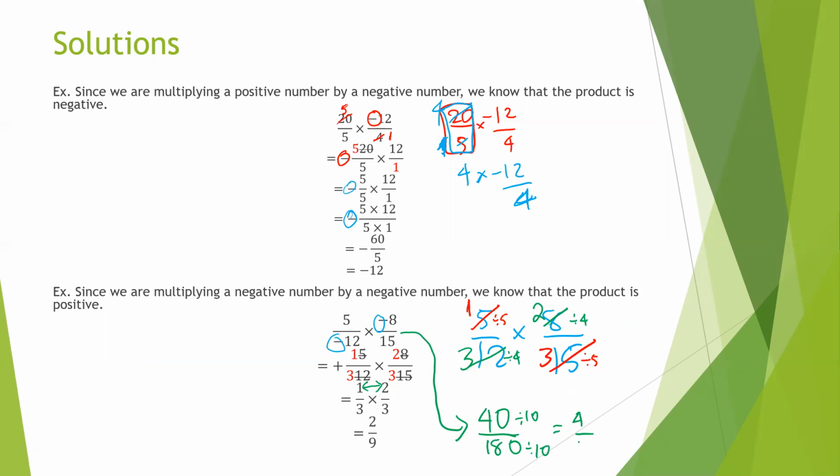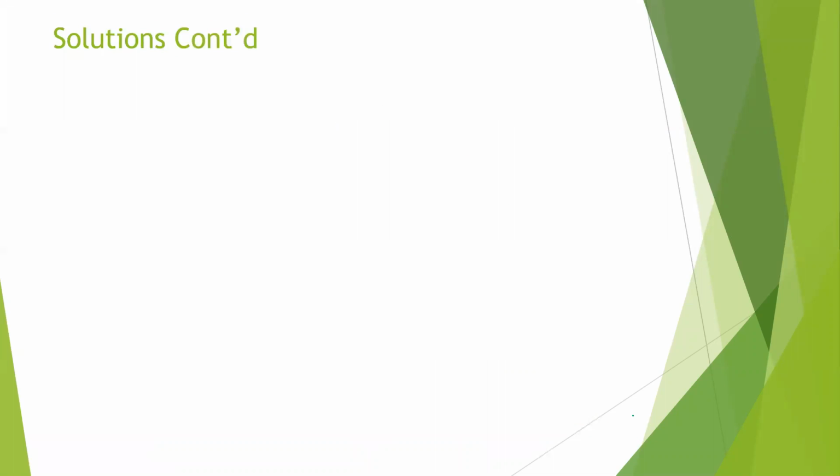Then you end up getting 4 over 18, and then you want to reduce again. You divide by 2, and that ends up giving you 2 over 9. So it's definitely possible to do it without cross-canceling, but in my opinion it takes a little bit longer, right? There's a bit more work to it. Especially when the numbers get really, really large and a bit more confusing to work with, cross-canceling will definitely help you out, right? Any little bit of cross-cancellation will just simplify the work.